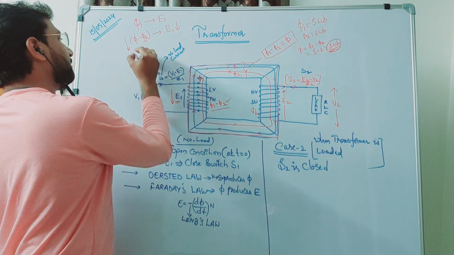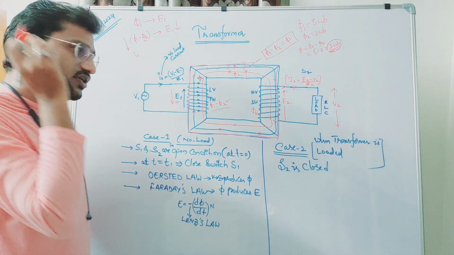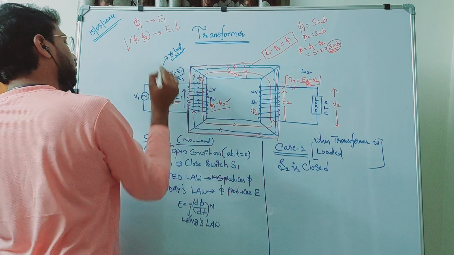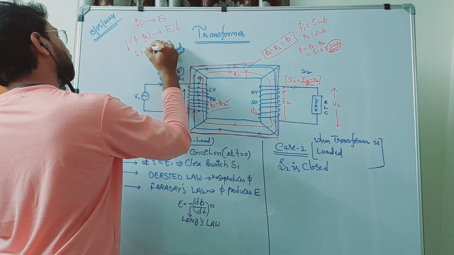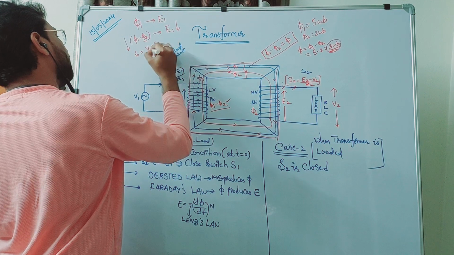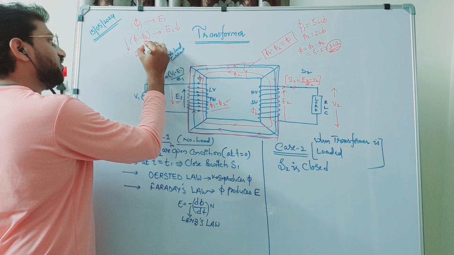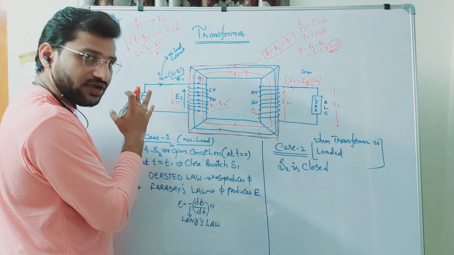Now what I told here, initially the current was I0. Now what happens? I0 is equal to, as I told you, (V1 minus E1) by Z1. See, here I did not change V1. V1 is constant because I am not changing the V1 value.